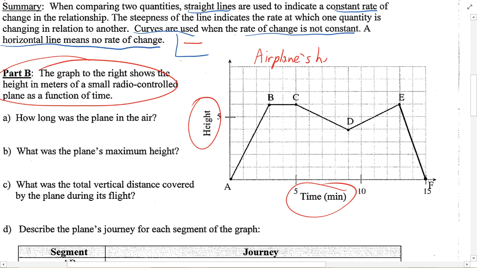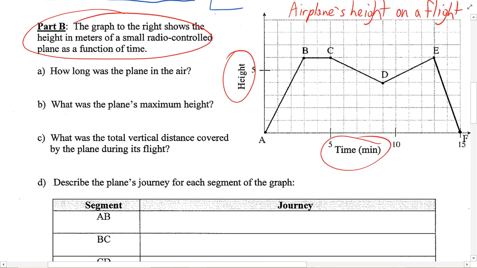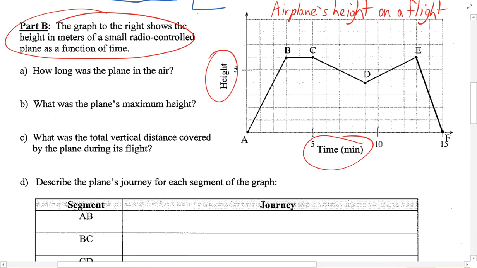Okay, or airplane's height on a flight. I like that better. I don't like using the axes in the description of the title. Not that it's wrong, it's just better if you don't.